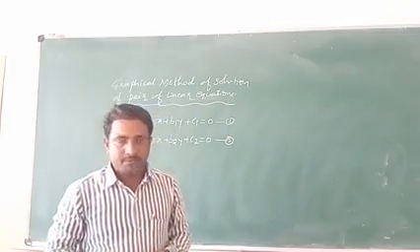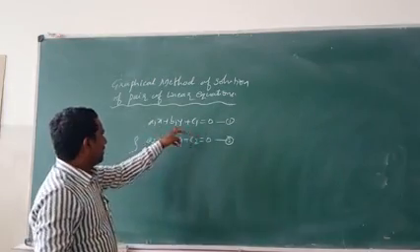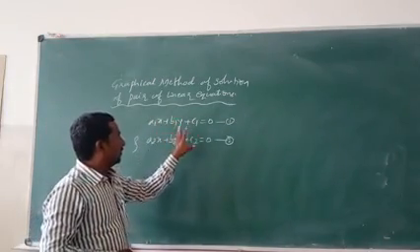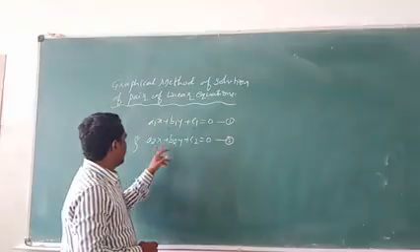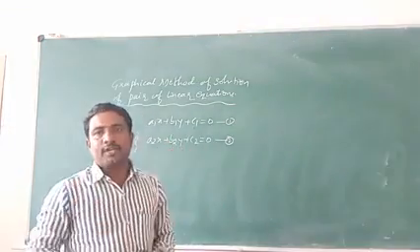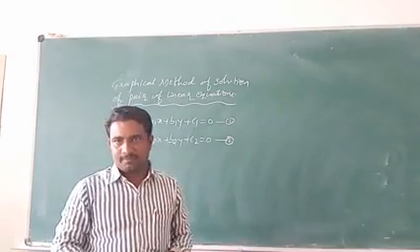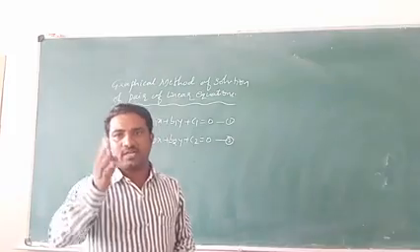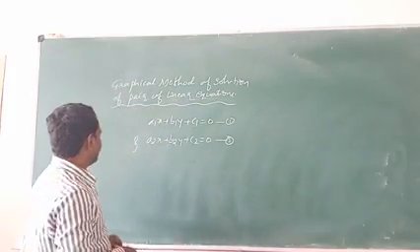Take the first linear equation: a1, b1, c1 are some real numbers. And in the second equation, a2, b2, c2 are also some real numbers. It means those are the constants, they are reals, right?